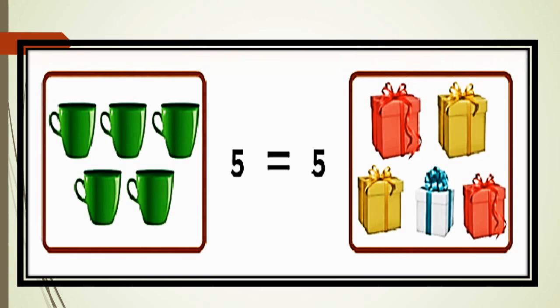There are 5 cups and 5 gift boxes. That is, the number of cups is equal to the number of gift boxes. So, we can read and write it as 5 is equal to 5.